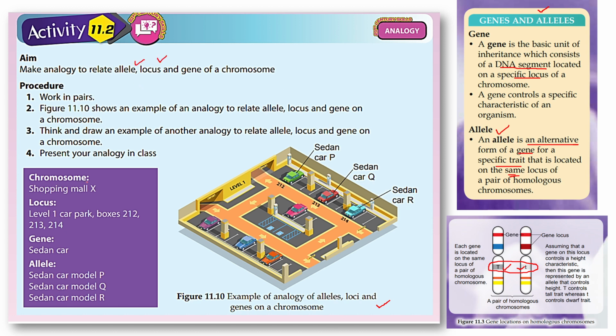So the chromosomes are represented by this shopping mall, and the loci are represented by the car park places. For example, at level 1 car park, box 212, 213, 214. These are the different loci. So the gene will be the sedan car, and the alleles, the alternative forms of the cars, are with different models, sedan car P, Q, or R.